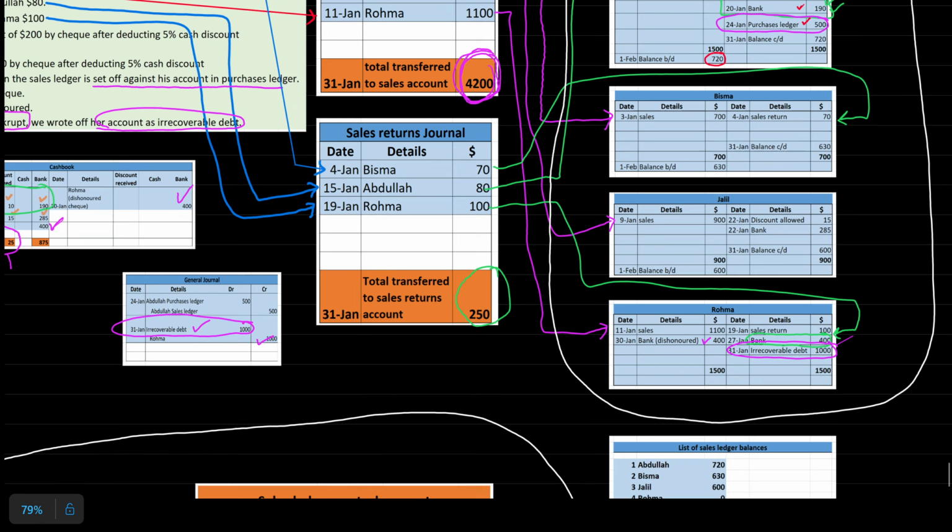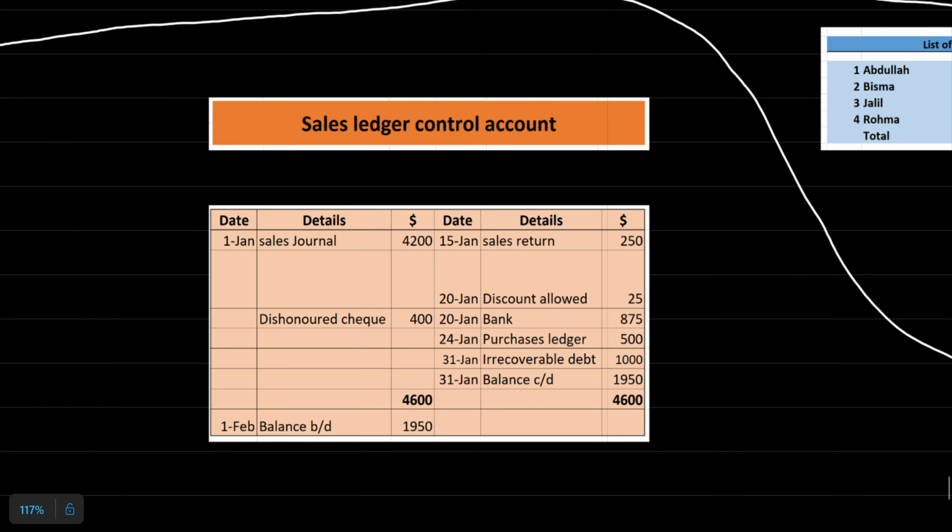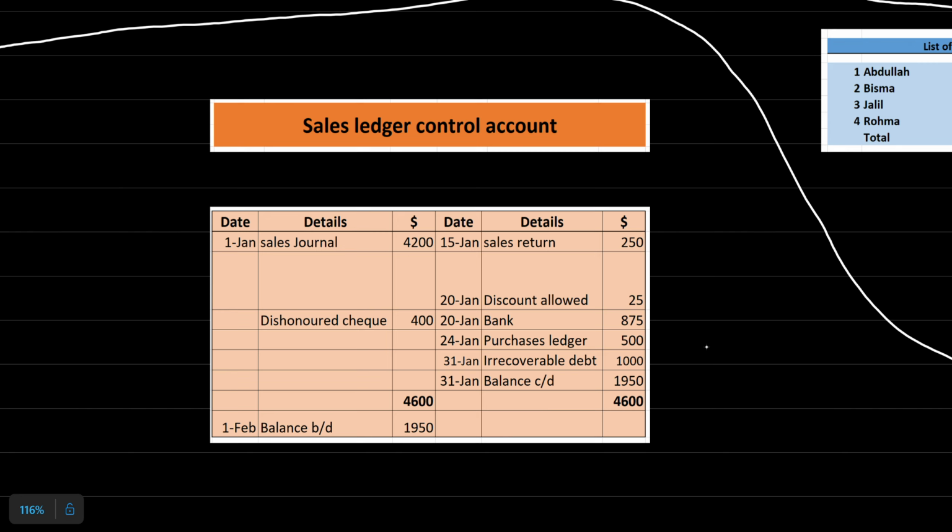While a control account is actually a total trade receivables account, this will be prepared by a senior person to check whether or not all the work has been done correctly.